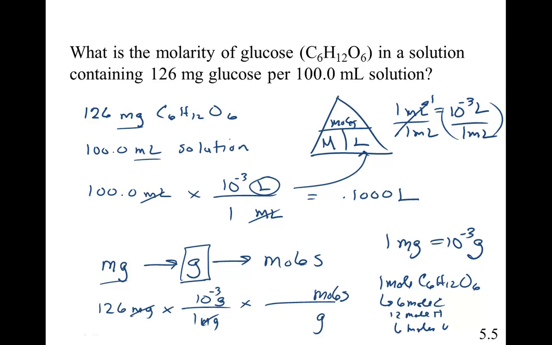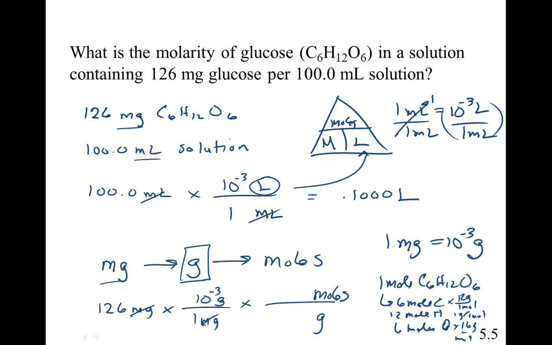Okay, we look at the periodic table, and carbon weighs 12 grams per 1 mole, and hydrogen is 1 gram per 1 mole, and oxygen is 16 grams per 1 mole.